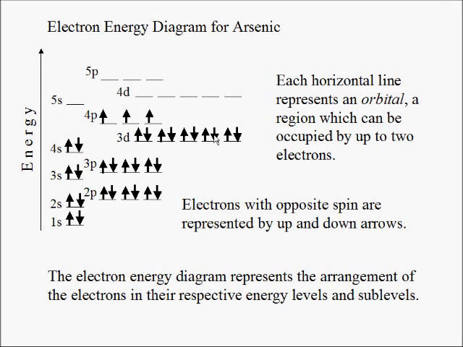Notice that we have electrons which are paired. The interesting thing is what happens when we get out here to the 4p and we have 3 electrons, but notice that each electron is in its own orbital. Why is that? This is because of something called Hund's rule.